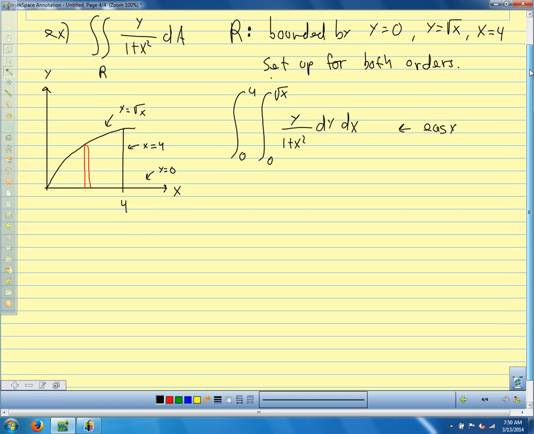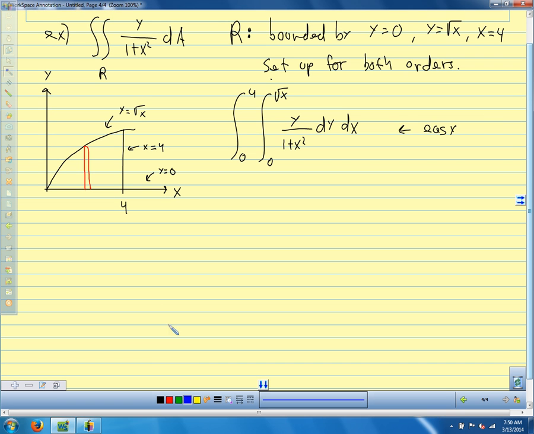All right, let's set up our integral for horizontal rectangle. So I'll draw that one in blue. There's my horizontal rectangle. So for this one, y is varying for our outer integral from 0 to what? That point is 2. So y equals 2. So we're going to go from 0 to 2.